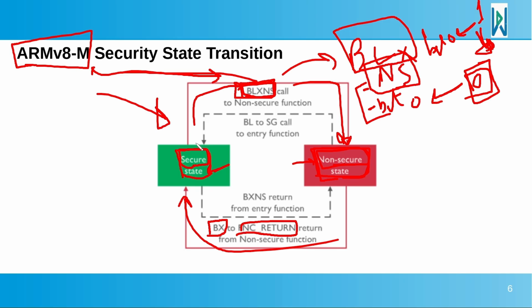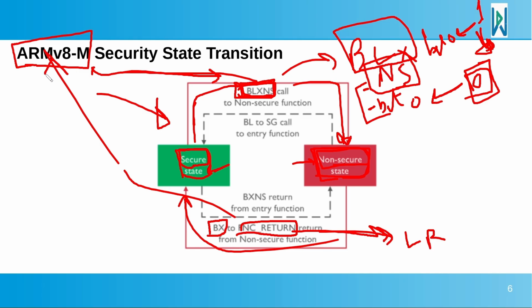A side effect of executing this jump from secure to non-secure using this BLXNS instruction is that the link register will be updated with this magic value. And this magic value is newly added as well to the ARMv8-M architecture.